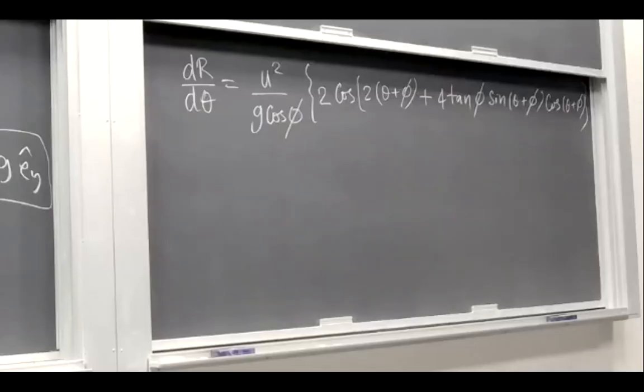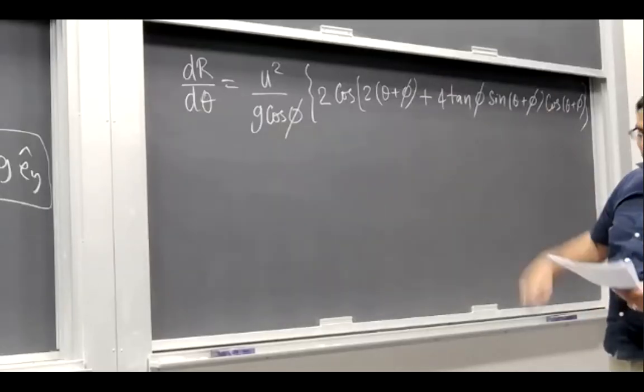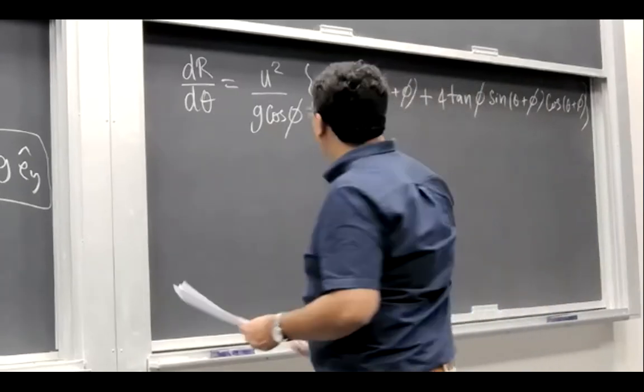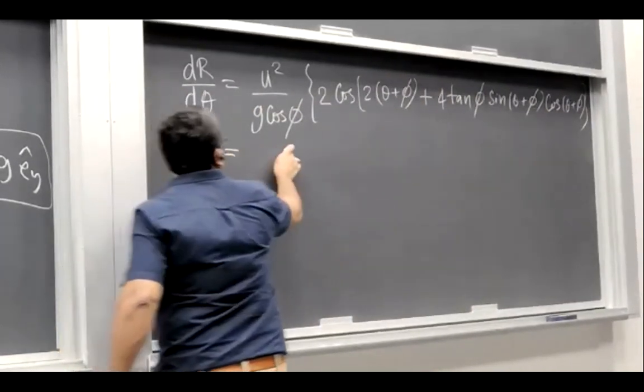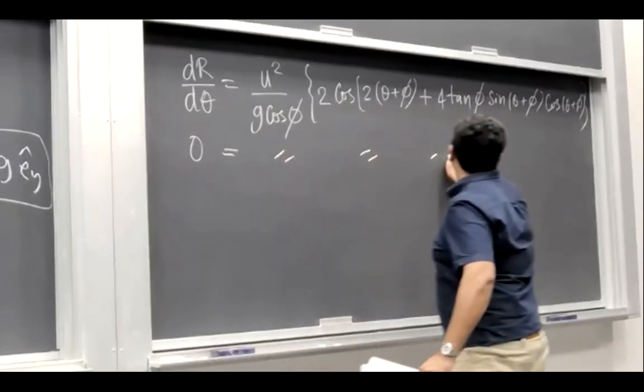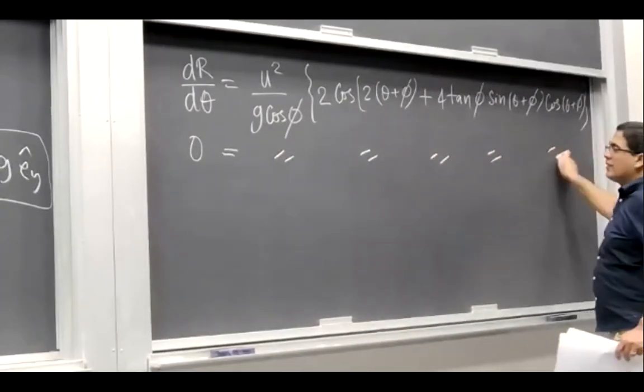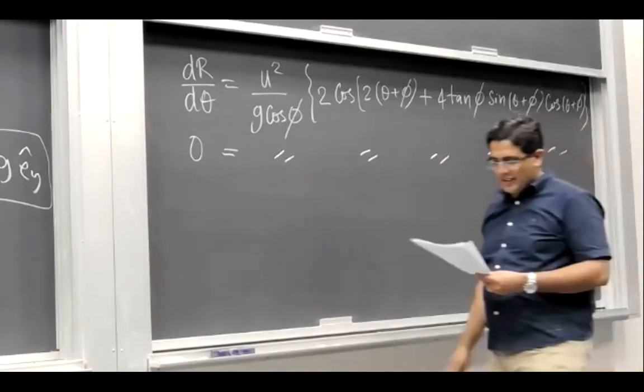ठीक है, so that's the derivative of the R, the previous expression, and now we set it equal to 0. This whole thing. All right.